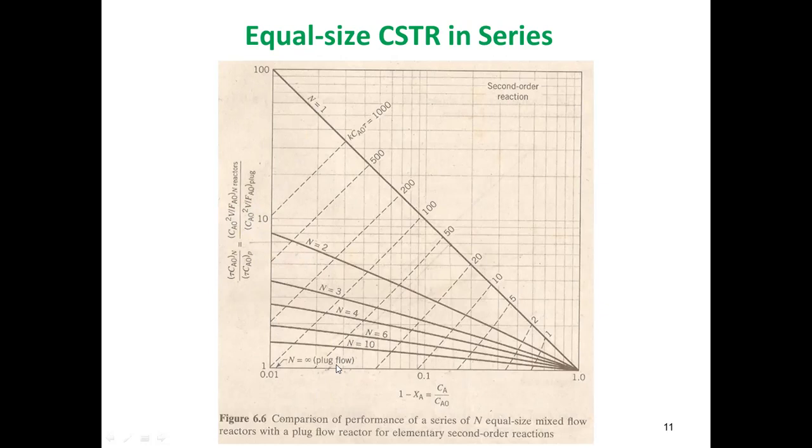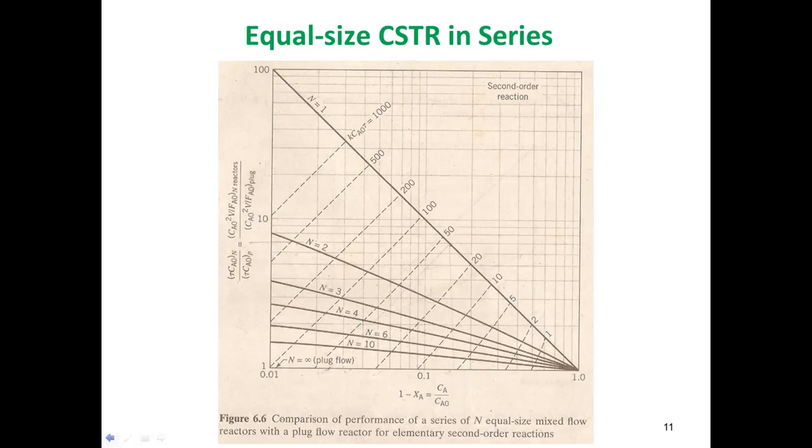in the series. Now, this one is specifically only to be used for second order reaction because we have a different graph to use if it's a first order reaction. I think you have also the same graph in your Perry's handbook. But nonetheless, I would still suggest that you use the analytical approach whenever possible rather than relying on the graphical approach.